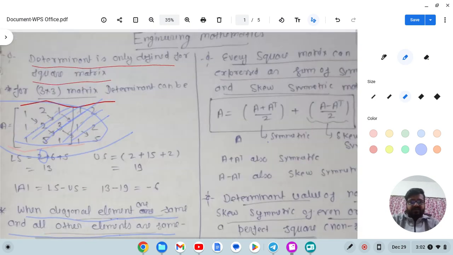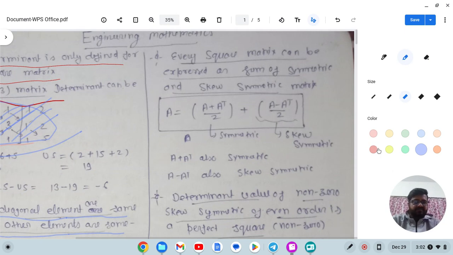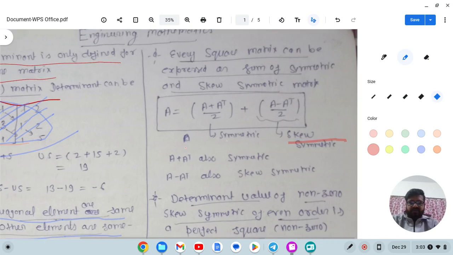Next we come to the next point: every square matrix can be expressed as the sum of a symmetric and a skew symmetric matrix.